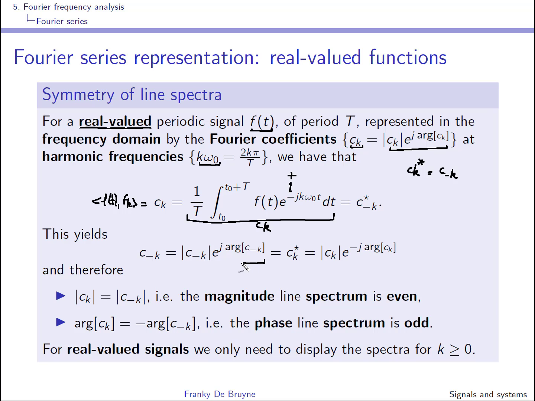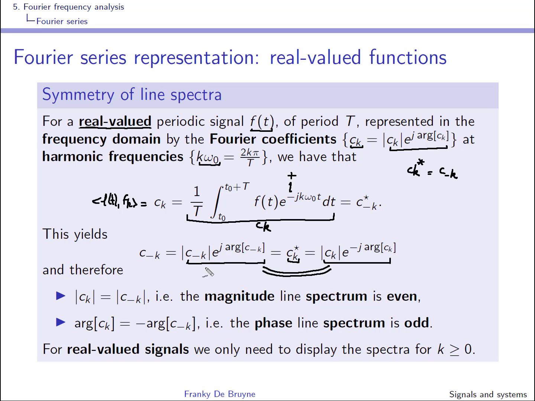Here we have the polar form of the complex number c of minus k, but since c of minus k is equal to ck conjugate, we can take the conjugate of this one over here and we obtain this thing over here. So now we have that these two here are equal.